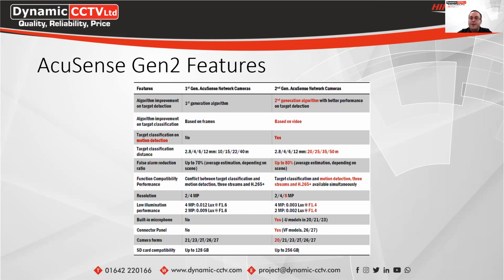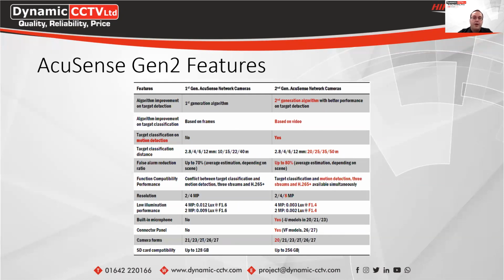The original version of the Acusense didn't support the motion detection, so it was just standard motion detection that was available. But now with the updated Acusense range, you now get the target classification on motion detection as well. The actual ranges, so the working distances of the algorithms, has been improved.